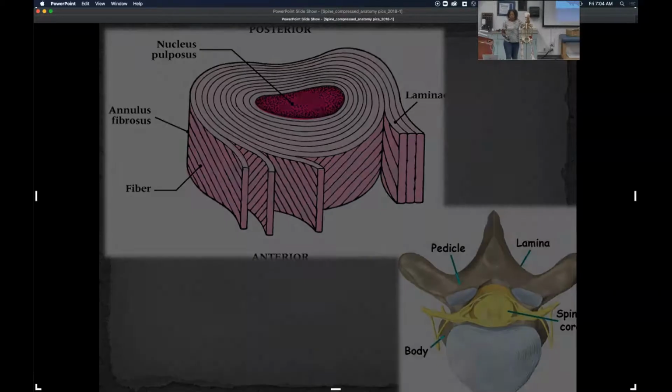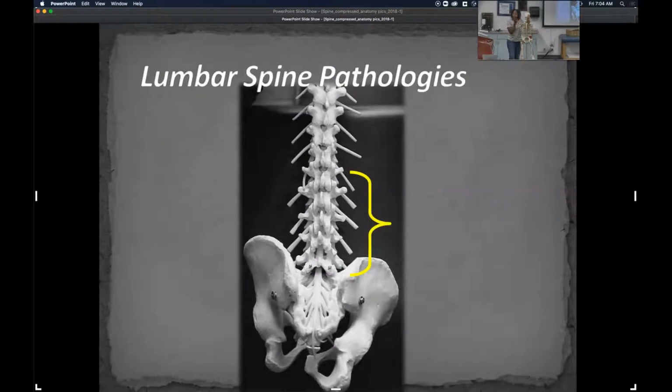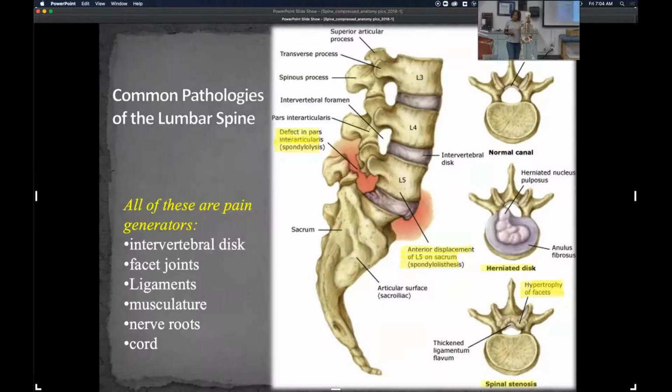So as we progress, we'll now talk about pathologies, and I'm going to try to break them down into their respective spines, if that's okay. With lumbar spine pathologies, we have to think about the most common types, right? That's how I like to think about injuries when I'm looking at a segment: what are the injuries that could happen?